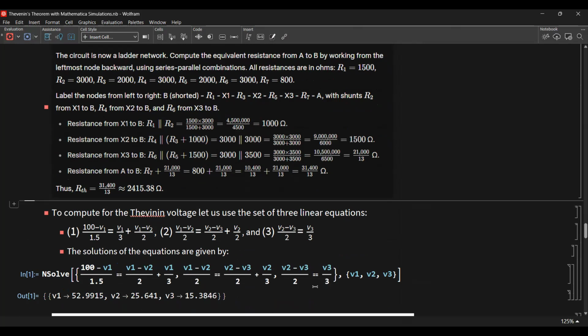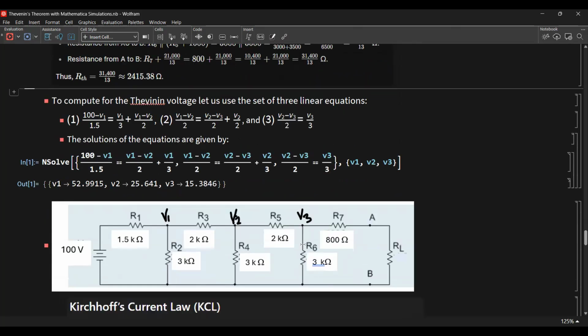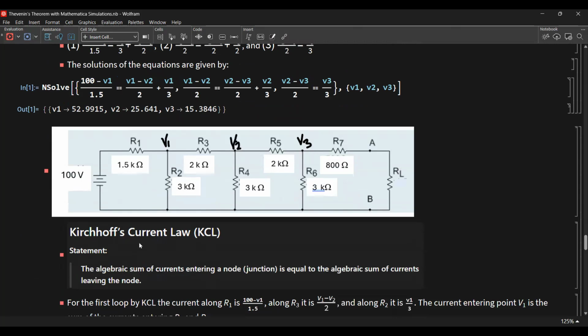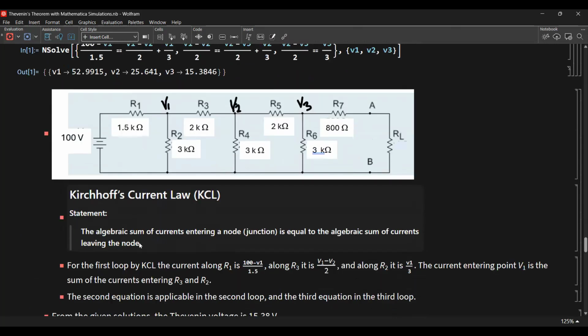To compute for the Thevenin's voltage, let us use the set of three linear equations. For example, here we have the first loop. The first loop has a current of 100 minus V1 over 1.5 kilo ohm.